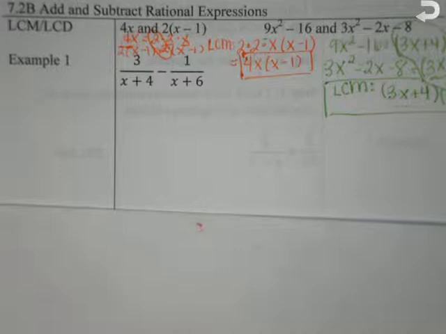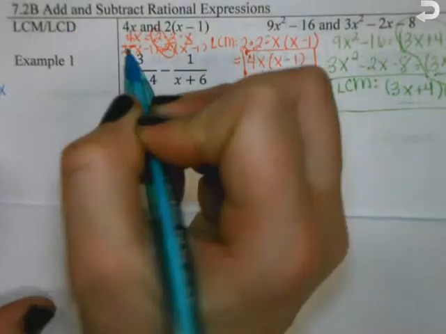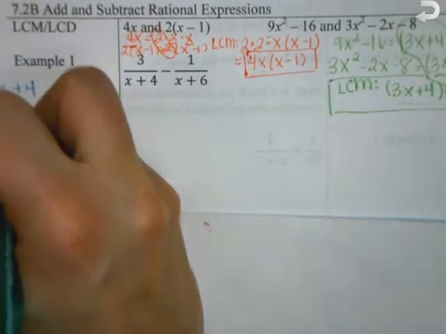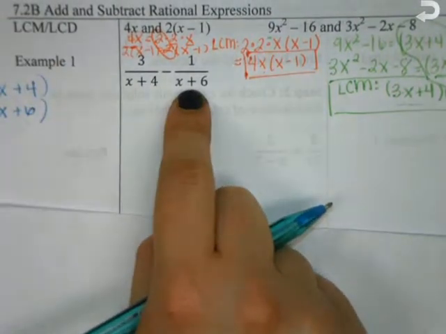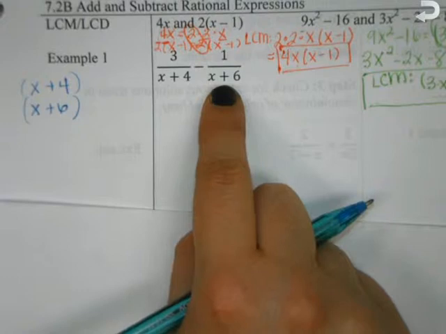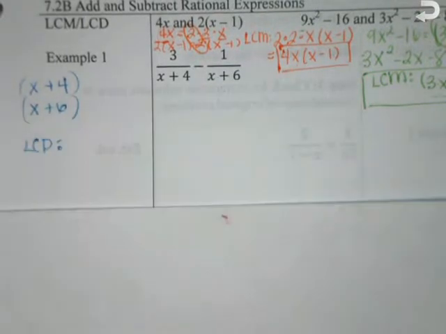That's why we've been practicing in that previous little bit of work. Now for this one, it's not too bad. We have x plus 4 and x plus 6. Both of these are already broken down as much as they possibly can be. So my LCD, which is the same as the LCM, is going to be the same process as what we just did. So the first thing we need to find is if they have anything in common.